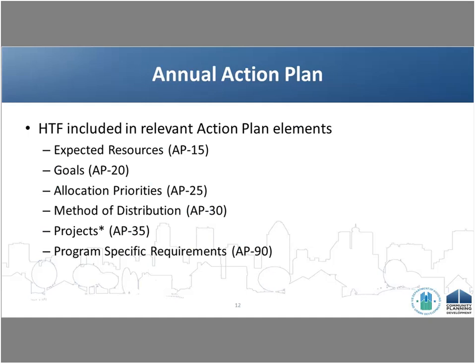And through the action plan, you'll be responsible for including HTF information in your expected resources, the AP-15 screen, in your goals, your allocation priorities, your method of distribution, the projects, and the program-specific requirements, which is where a lot of the questions from the paper-based HTF allocation plan have been included.